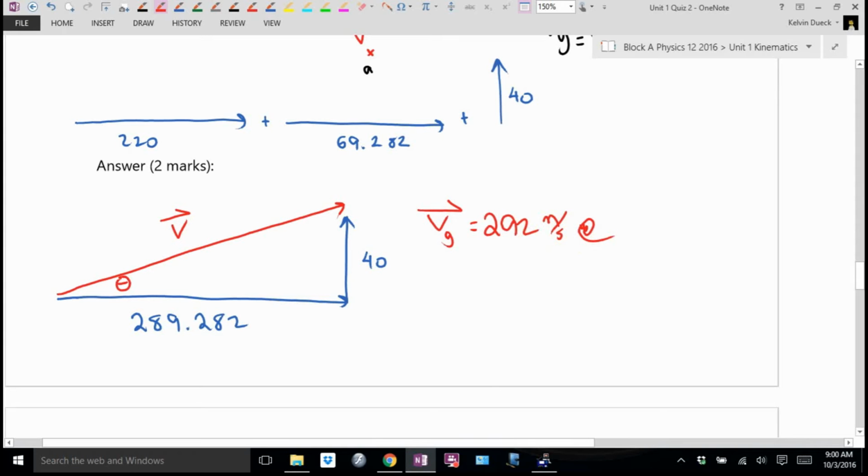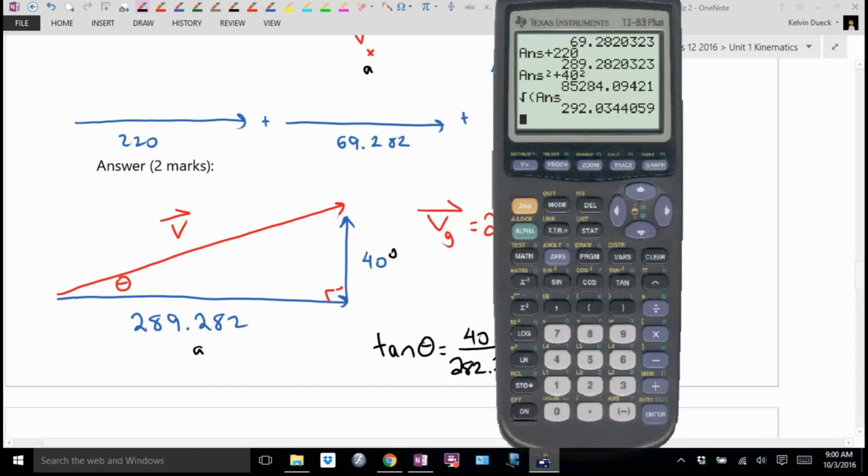At theta, opposite, adjacent. Tan again? Yeah. Tan theta equals 40 over 289.282. I get 7.87 degrees.